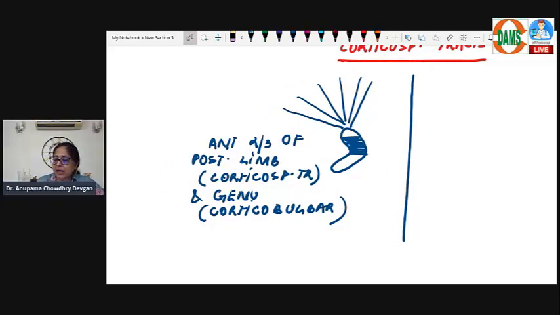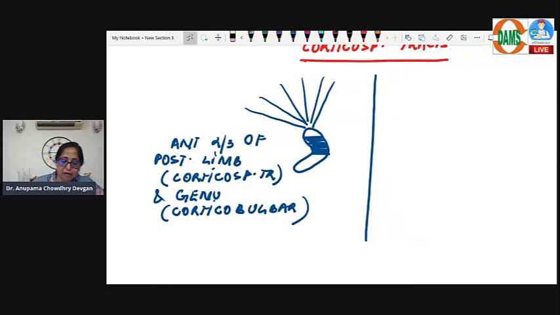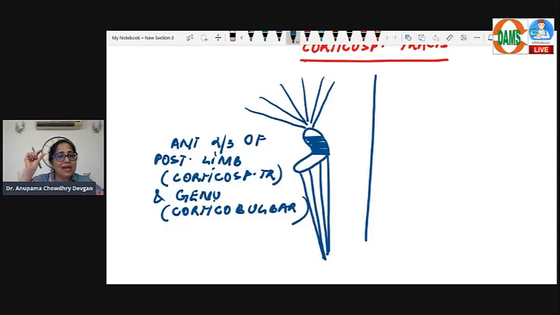Now, the fibers descend downwards from the internal capsule. Remember, the internal capsule is a very small area where these fibers are very densely packed.